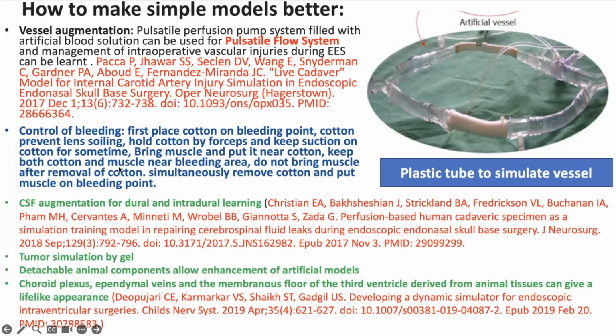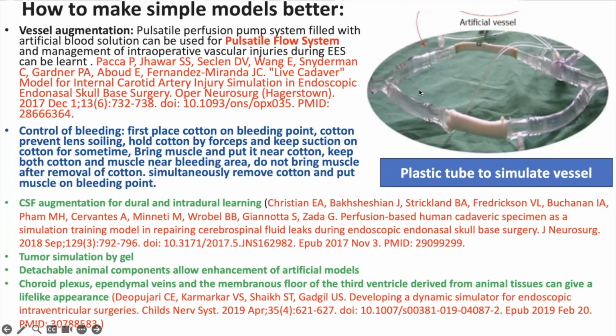Keep both cotton and muscle near the bleeding area. Do not bring the muscle after removal of the cotton. By the time you remove cotton and bring it, the blood will stain your endoscope. So simultaneously remove the cotton, and side by side you put the muscle on the bleeding point.